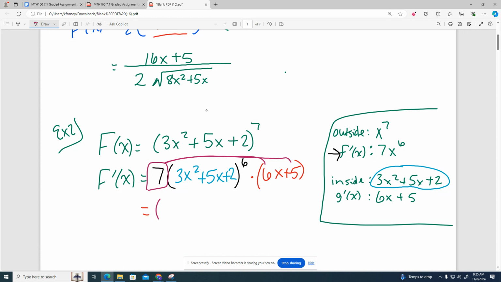So that would become 7 times 6. What is 7 times 6? And then that would multiply with 3x squared plus 5x plus 2. You cannot put the 7 into this group because it has the exponent.